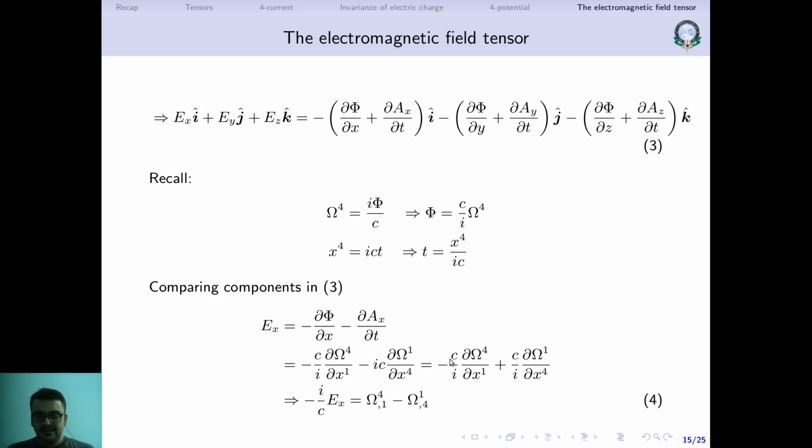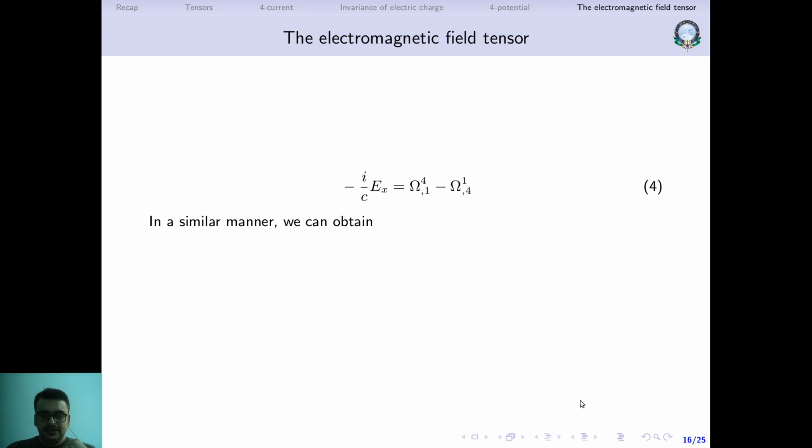I take this minus c by i to the other side, and I get minus i by c into Ex is equal to omega 4 comma 1 minus omega 1 comma 4. I'm just using that shortcut notation for writing partial derivatives. We call this equation number 4.